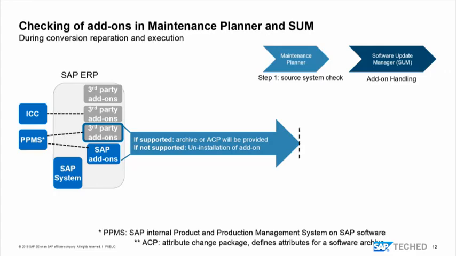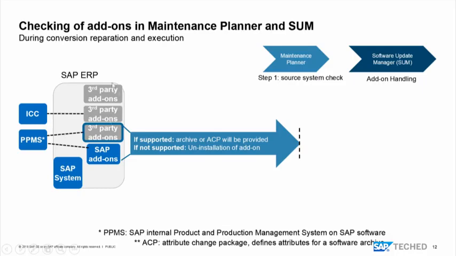They have to test this, and if there's no change of functionality, then the partner will only deliver this attribute change package, so the meta information that says this add-on in the current version is also supported to run on target 1909. And the software update manager needs this information so that this add-on is fine with the target version.